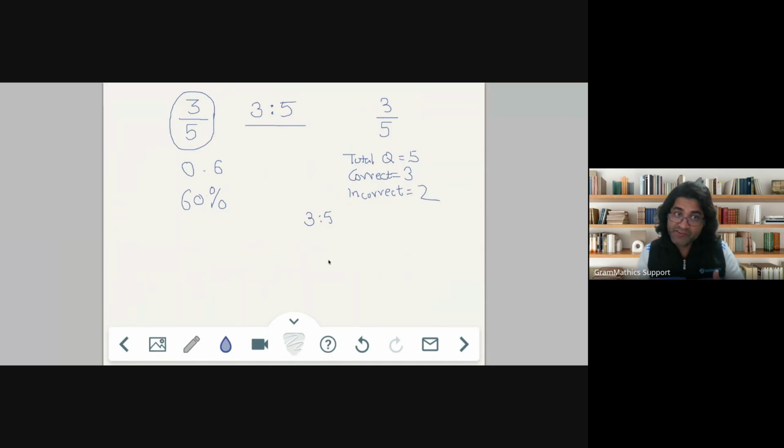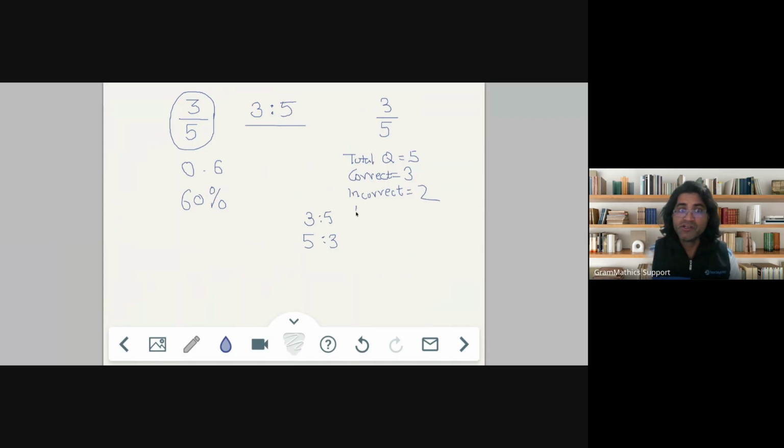If the question says the opposite, you have to use the same order. So if the question says, what is the ratio of total questions to the correct answers? So first you have asked total questions, so now you will write 5 and 3 will come next. You have to go with the order, and we will do some questions.